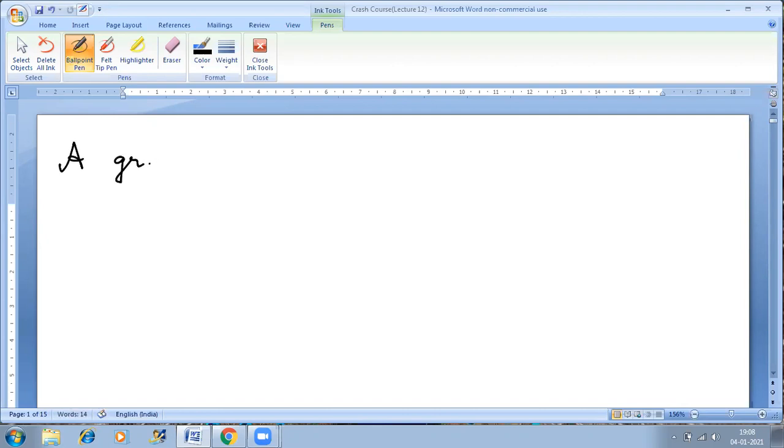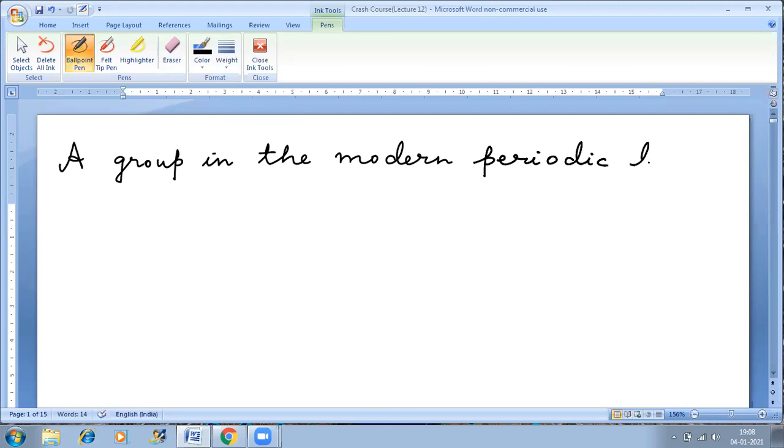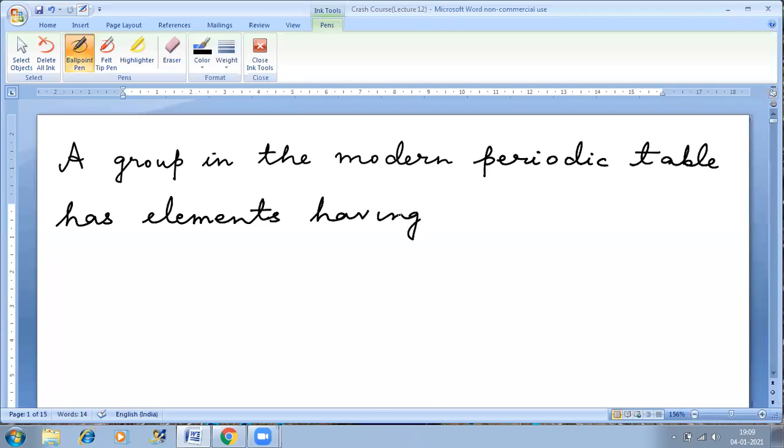So what is a group? A group in the modern periodic table has elements having similar properties.